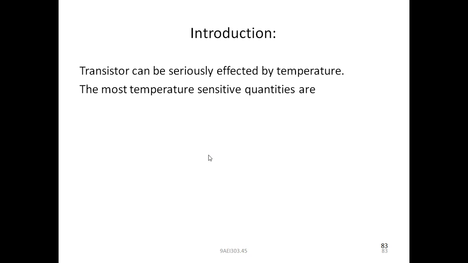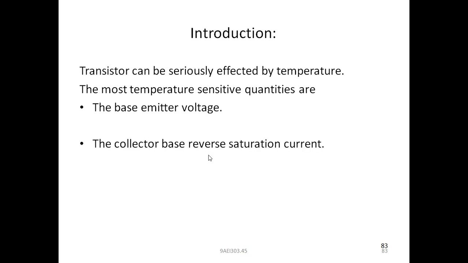Transistor can be seriously affected by temperature. The most temperature sensitive quantities are the base emitter voltage, that is the input voltage, the collector base reverse saturation current, which is due to the reverse bias voltage, and beta of the transistor. Beta is the current gain of the transistor.